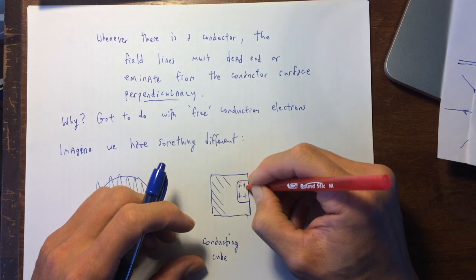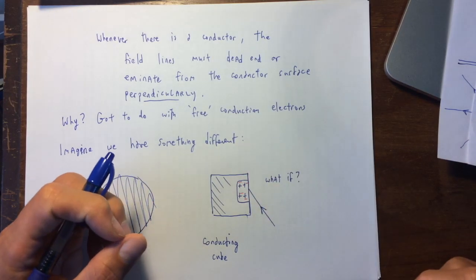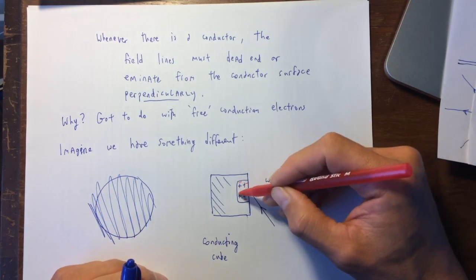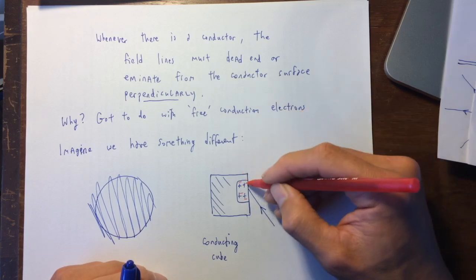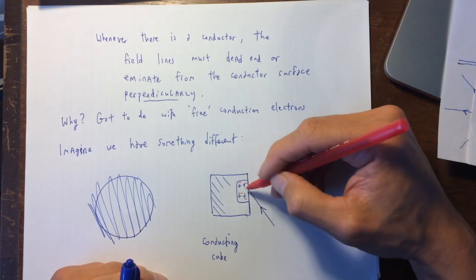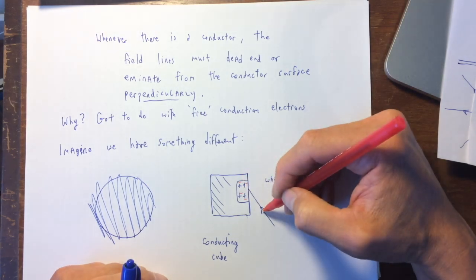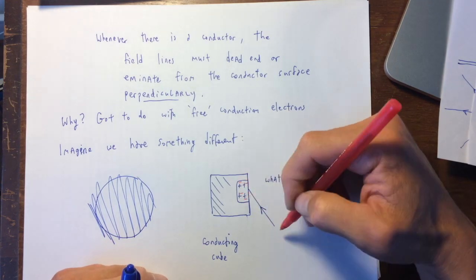Let's imagine that the conductor was electrically neutral, just for the purposes of argument. So this field line is going to look at these positive charges and try to press them away. And it's going to take these negative charges and actually try to pull them backwards along the field line. Right? You can imagine these little pluses and minuses as little test charges.